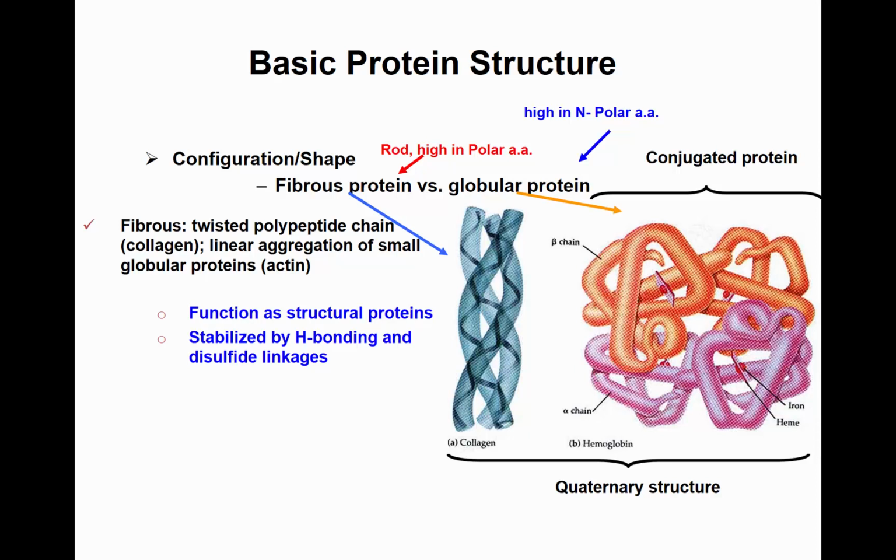I think this is the last, I will just take 30 seconds to finish that. When you have a fibrous structure, that means you have a lot of polar residues, and they interact via hydrogen bonds. And if you have cysteine in there, they can be stabilized by disulfide linkages. If you have this fibrous structure, that means you have a lot of polar residues.